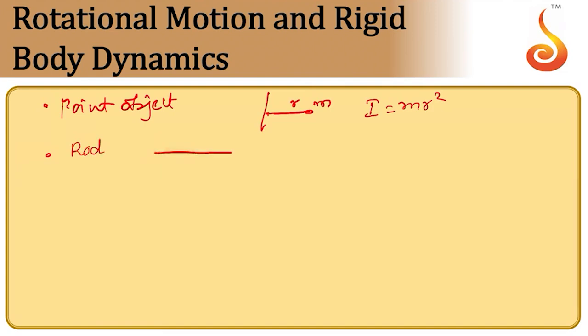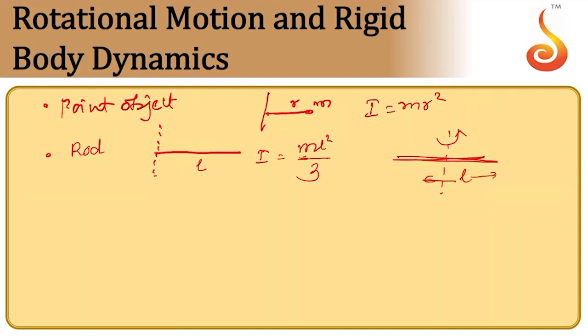For example, this is the axis, assume the entire length is L, then the moment of inertia is ml square by 3 about an axis through one end. About the perpendicular bisector, mass is m, length L, the moment of inertia is ml square by 12.